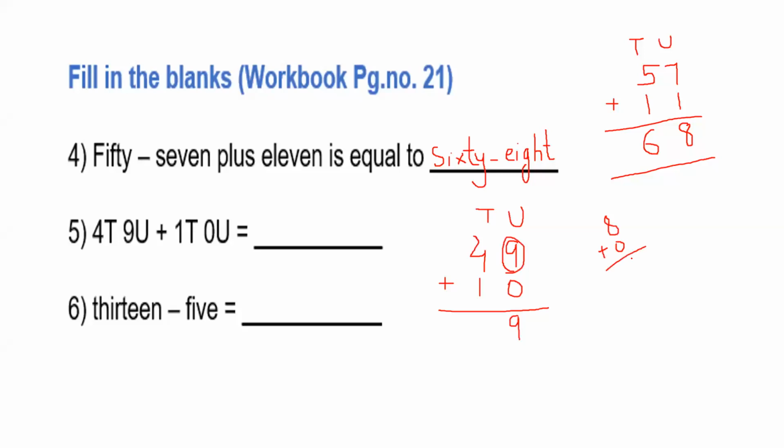This is example I am giving. 7 plus 0 will be 7. 6 plus 0 will be 6. 5 minus 0 will be 5. 4 minus 0 will be 4.